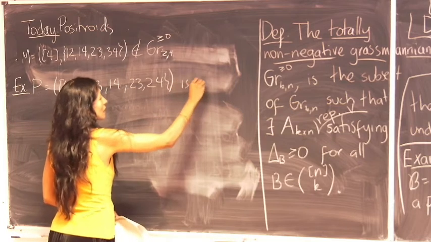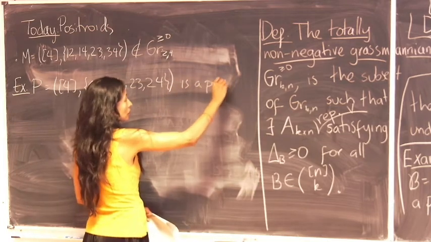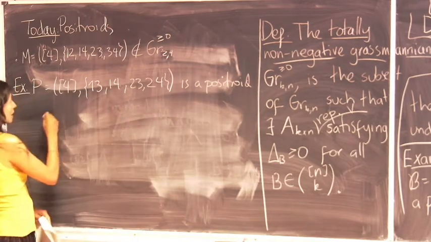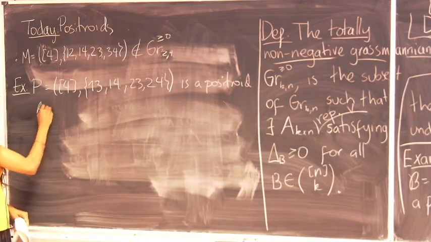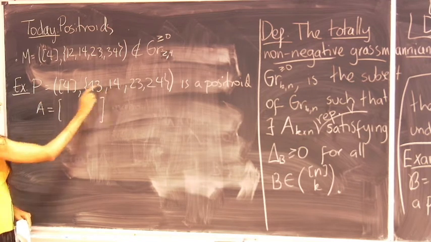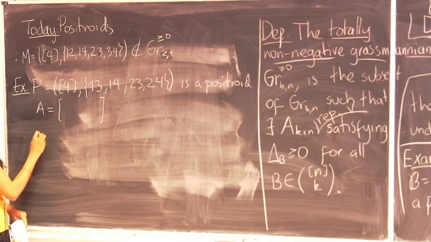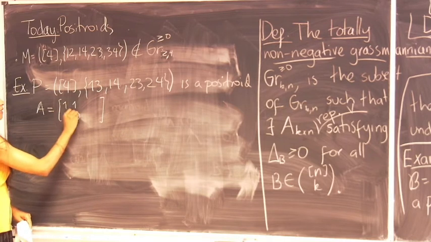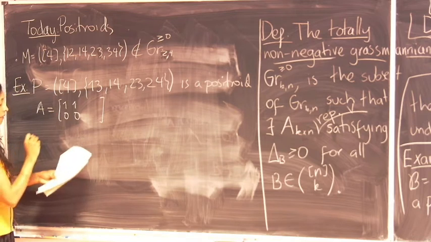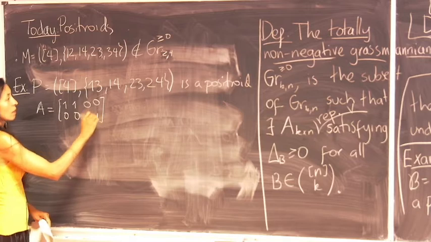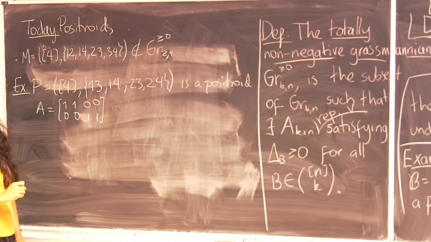So this is a positroid. And one possible matrix that represents it, again, this is already very similar to what we did, I can represent by this matrix here. The relevant maximal minors are strictly positive and the other ones are 0.